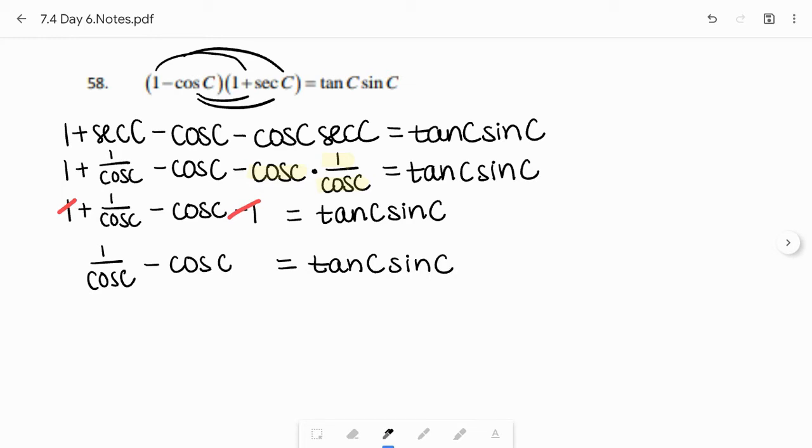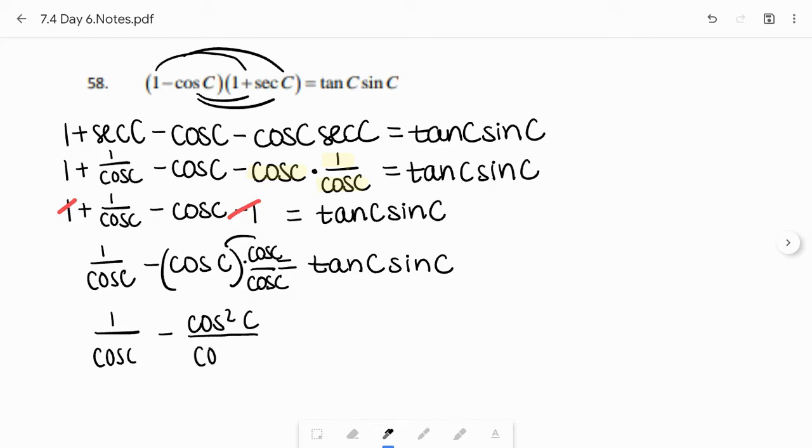So if I want to subtract here, I need a common denominator. So let's multiply our cosine of c by cosine c over cosine c, so that we have a common denominator. So I have 1 divided by cosine c minus cosine squared c over cosine c.